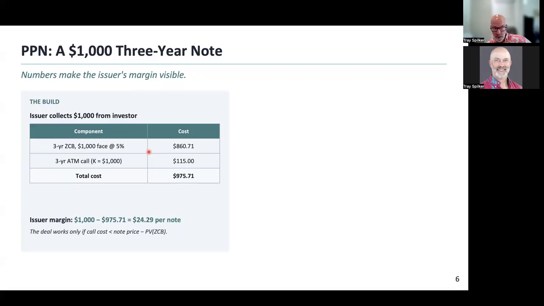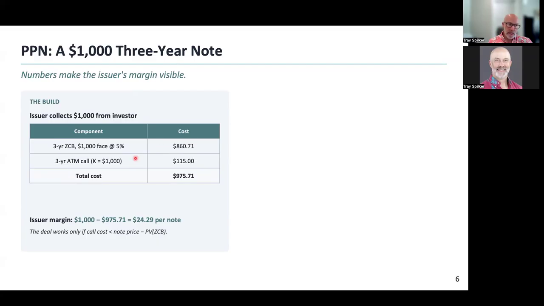So on a present value basis, this costs the issuer about $860 to purchase this, right? Which means they have just under $140 in order to buy a call option at the current share price.